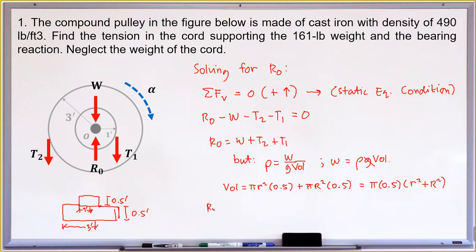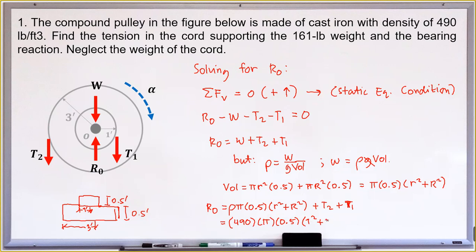Therefore, our bearing reaction, the weight is again density times pi times 0.5 times r squared plus R squared, plus T2 plus T1. So, substitute the values. We have 490, pi, 0.5. The inner radius is 1 foot.